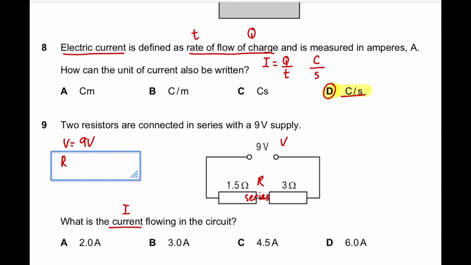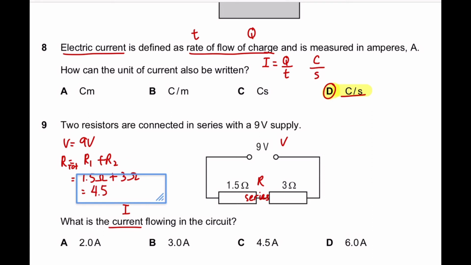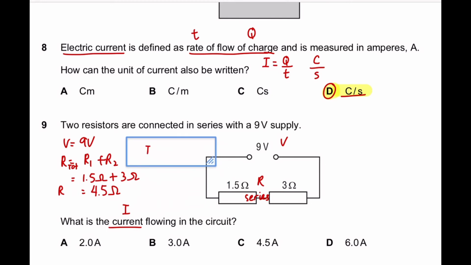R, there are 2, which are in series, and we know in series we can use this formula. R total is equal to R1 plus R2, which gives you 1.5 ohms plus 3 ohms. So you add those 2 numbers together, that'll give you 4.5 ohms for the total resistance. And last but not least, we don't know what I is.